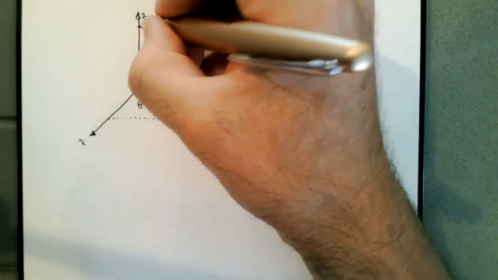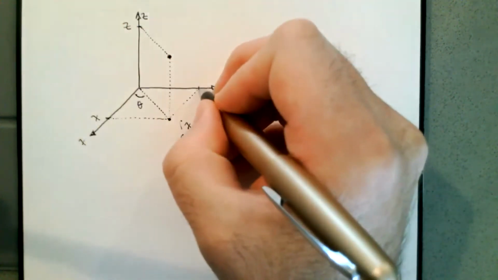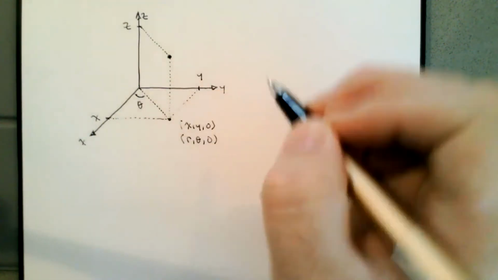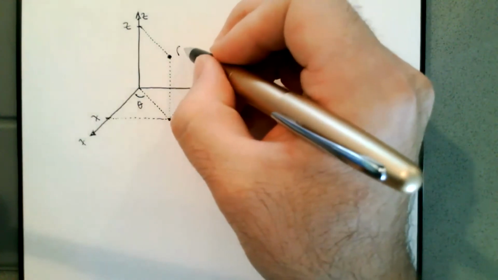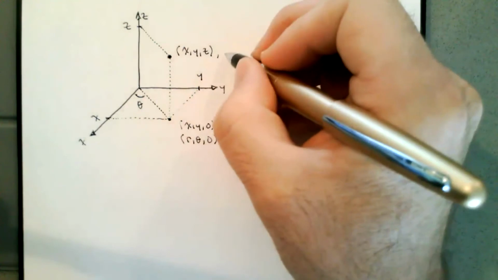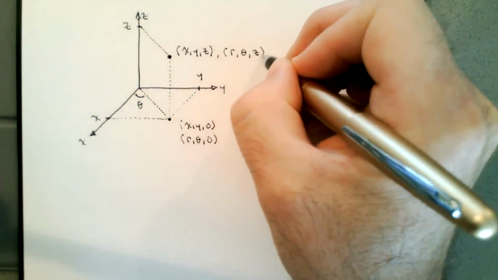So I'll put this point up here at z. This happens at x. This is where we'll find y. r is the distance from the origin to this point. The coordinates of this point in 3 dimensions are x, y, and z, or r, theta, and z.